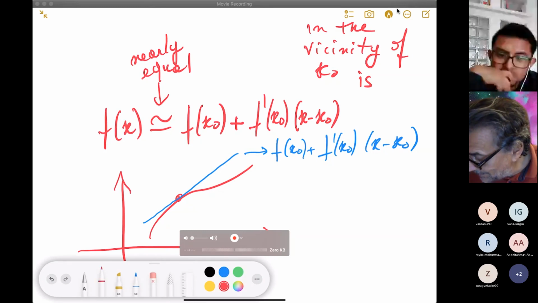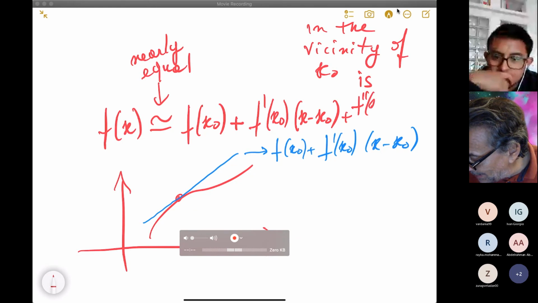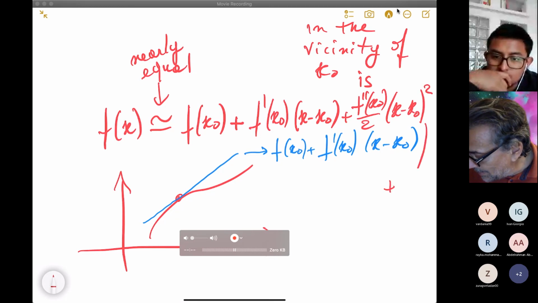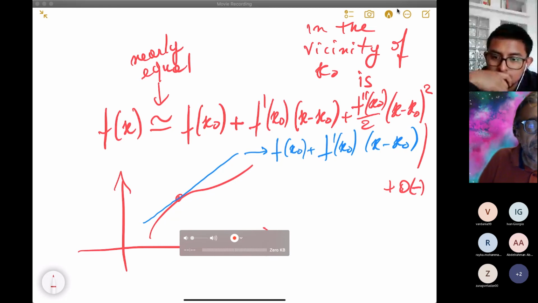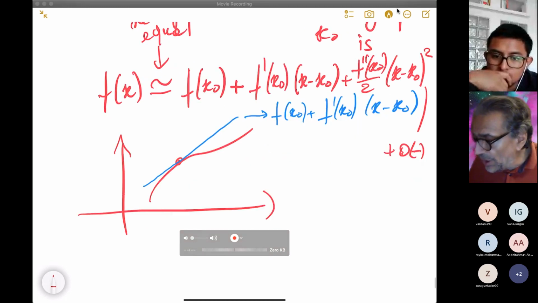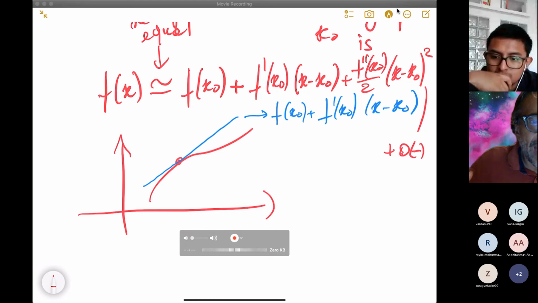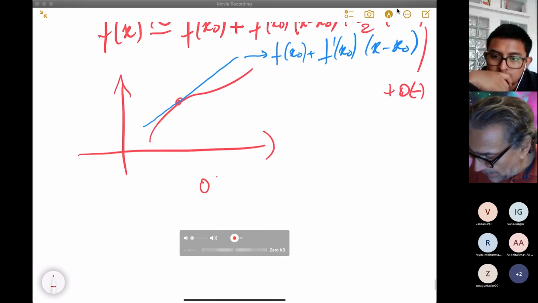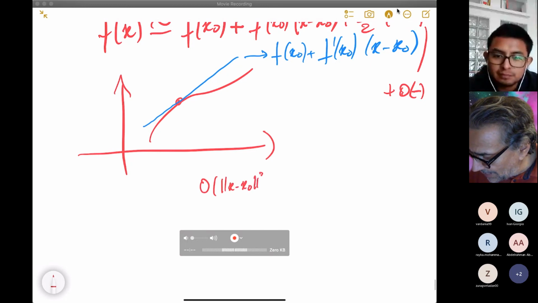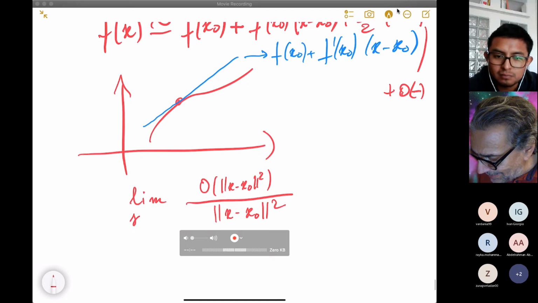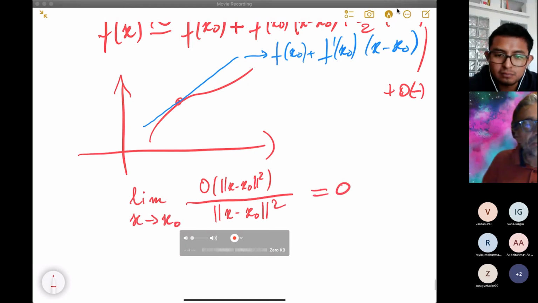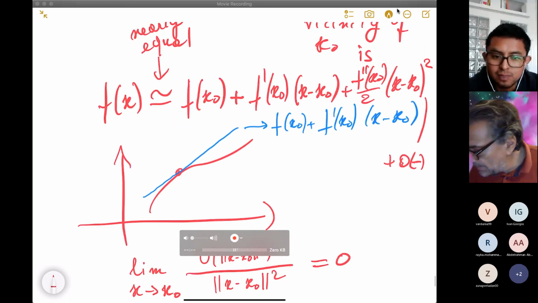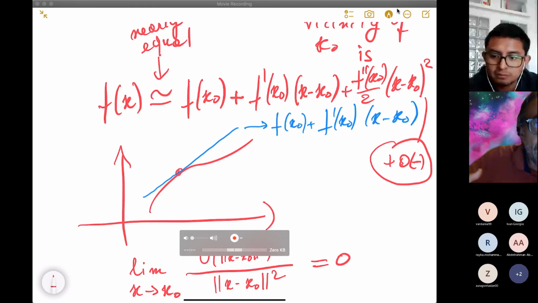Plus f second of x0 divided by 2 times x minus x0 squared plus infinitesimals of higher order, which means quantities which are going to zero quicker than x minus x0 squared, in the limit when x tends to x0.